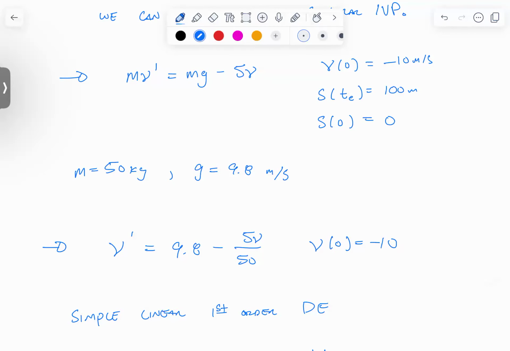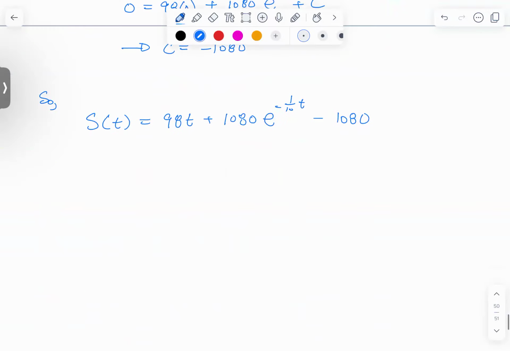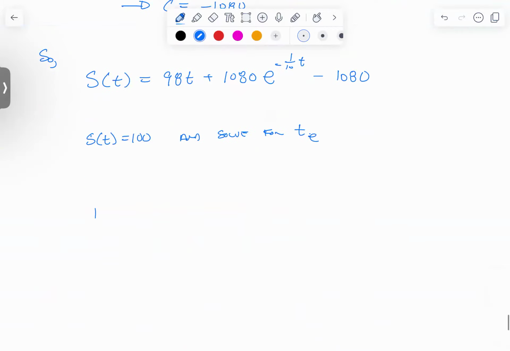So if time eventually corresponds to 100 meters, I can plug in 100 and solve for t. That means S of t equals 100, and solve for t. Specifically, time eventually is what we identify.